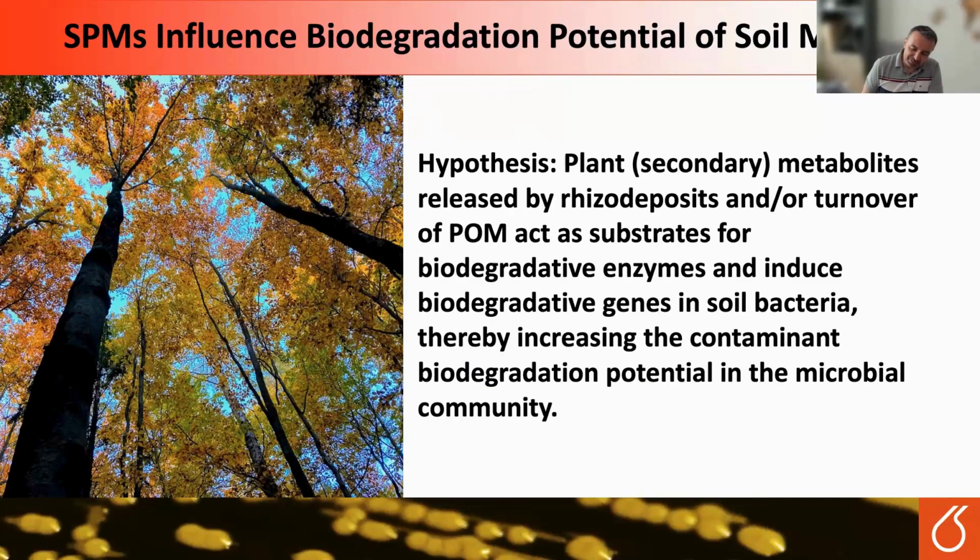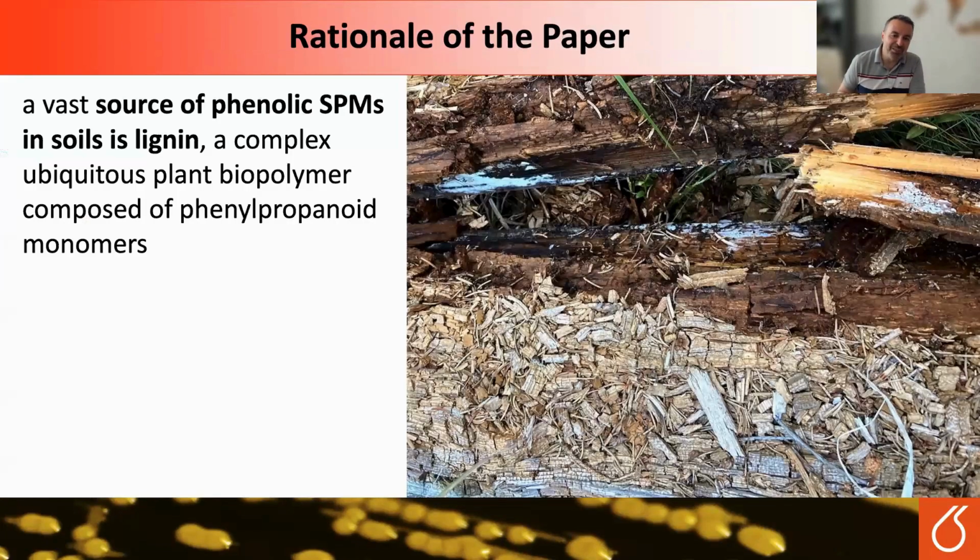Because this paper is mostly about acetylsyringone being a part of lignin, I have to give you some sort of introduction on lignin and the compounds that are derived from it. We can say that the degradation of lignin is a vast source of phenolic species because lignin is a complex plant biopolymer that is mostly composed of phenylpropanoid monomers.